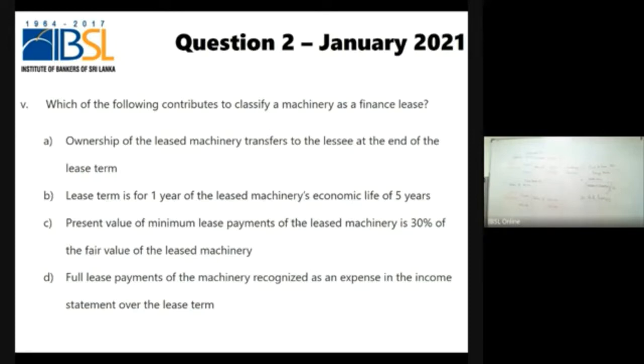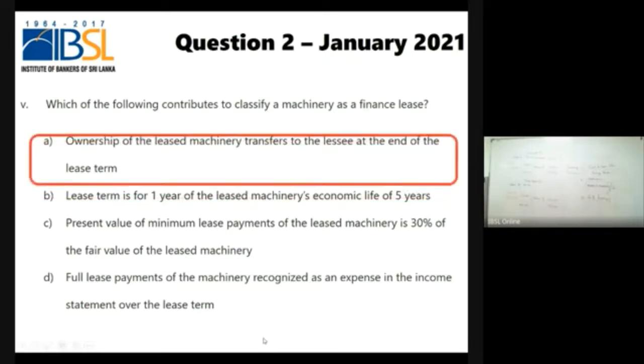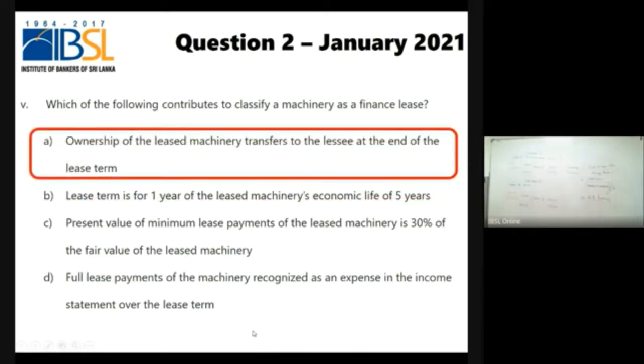It will be transferred only at the end of the lease period, provided the customer settles the loan in full. So they are asking, which of the following contributes to classify a machinery as a finance lease? Obviously, the answer is the first one: ownership of the leased machinery transfers to the lessee at the end of the lease term.